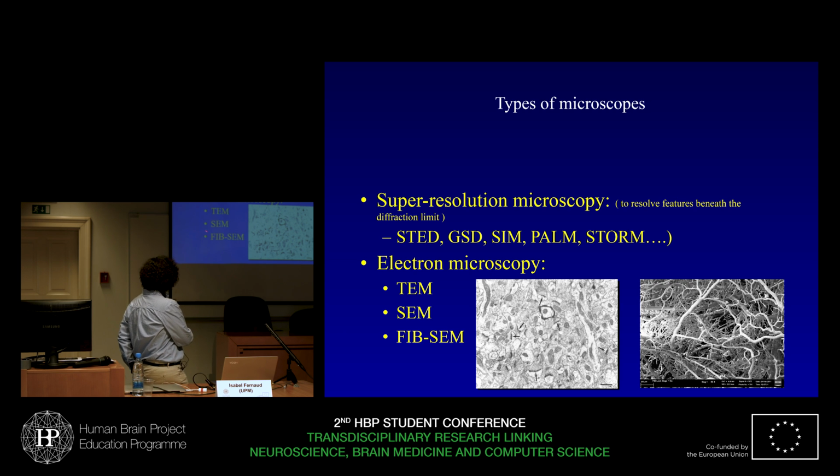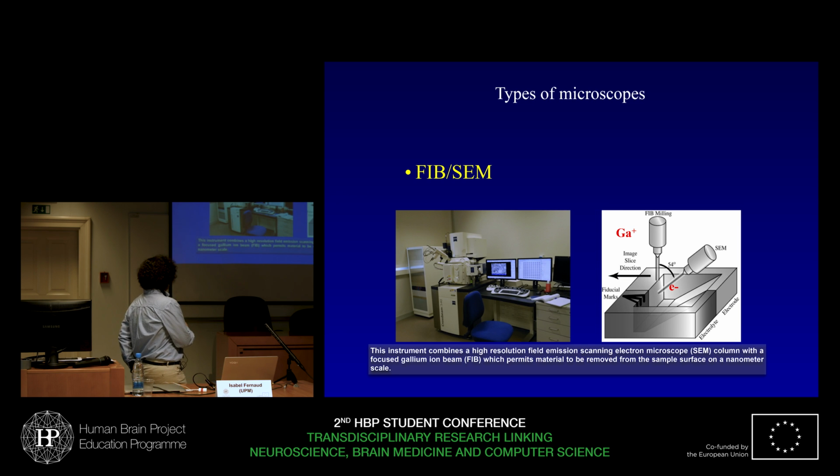And in the lab, we use this FIB-SEM technology. The FIB-SEM is this kind of microscopy, and it has been developed very recently. It has two beams. One is a focused ion milling beam that in fact mills your specimen, makes a hole in your specimen.